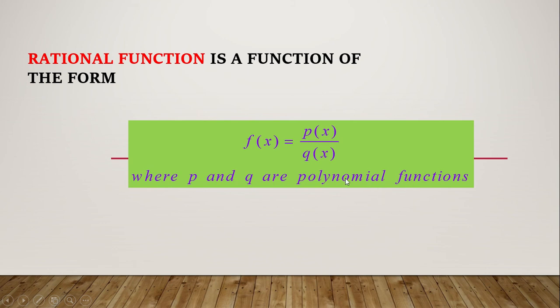Polynomial functions are expressions that have a variable. And as I said earlier, our q of x should not be equal to 0. Because when we say rational function, we are also talking about a fraction. They are the same, they both have a numerator and denominator, class.